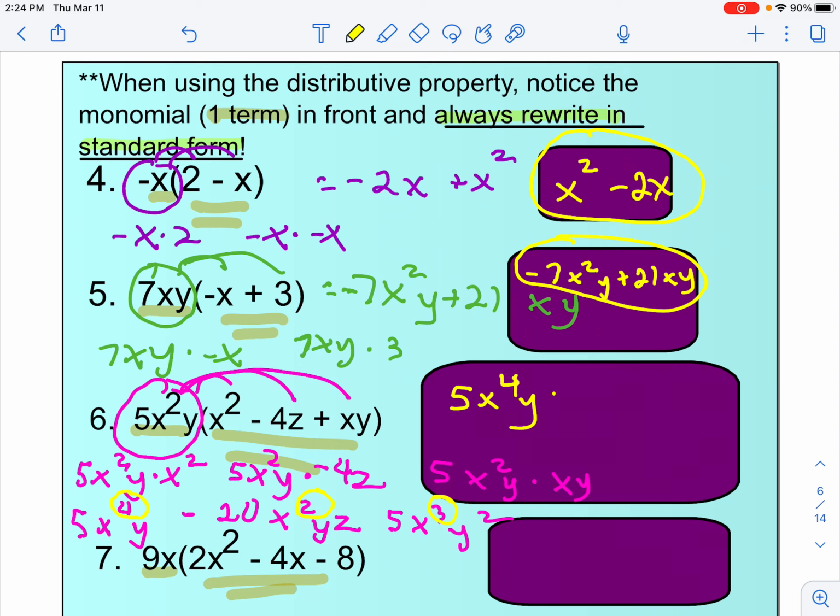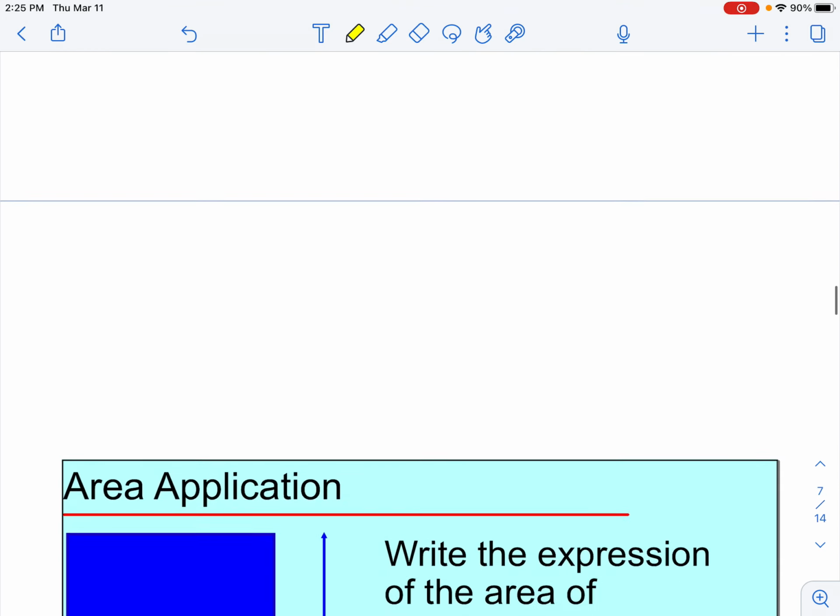Then the next term would be the 5x to the 3rd y squared. And then finally, minus 20x squared yz. All right, that was a little trickier. All right, the last one, number 7, not too bad. Pause the video, try it, and then check the notes to see if you got it correct.